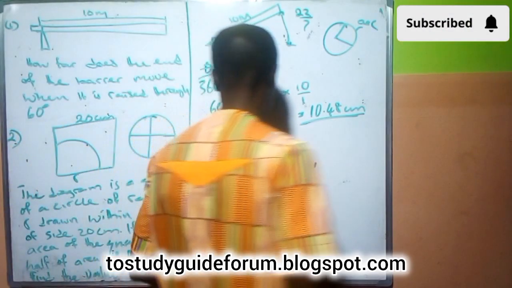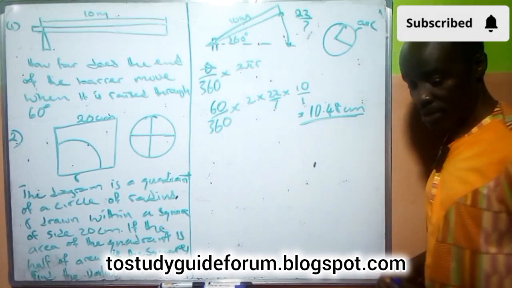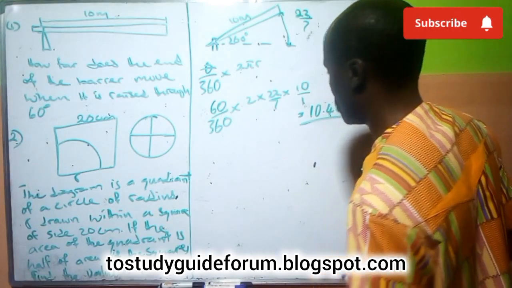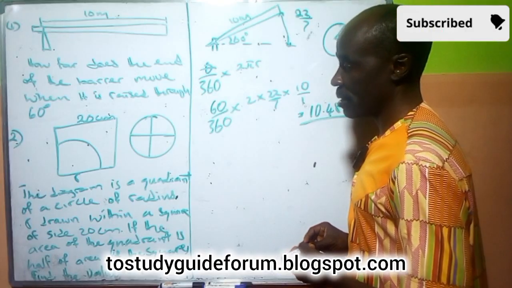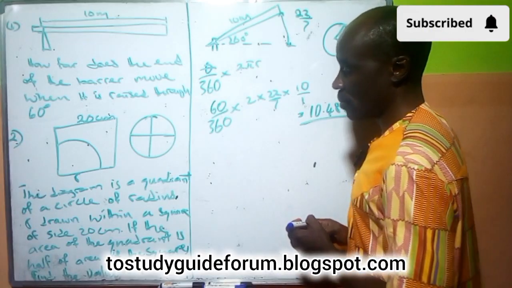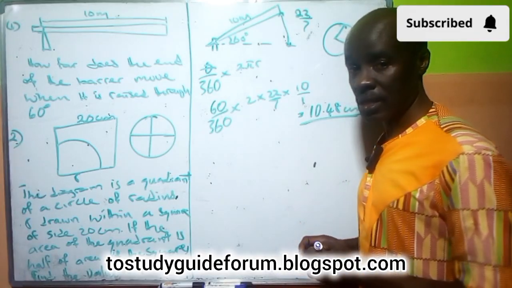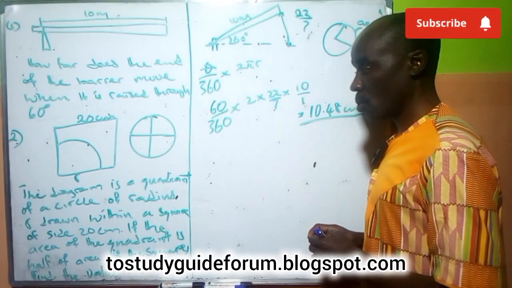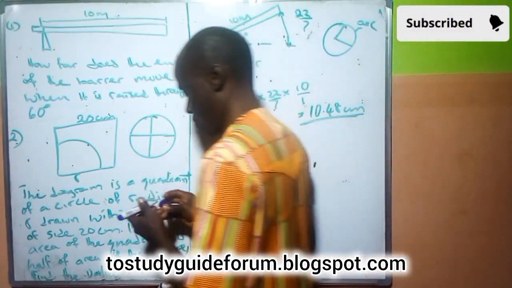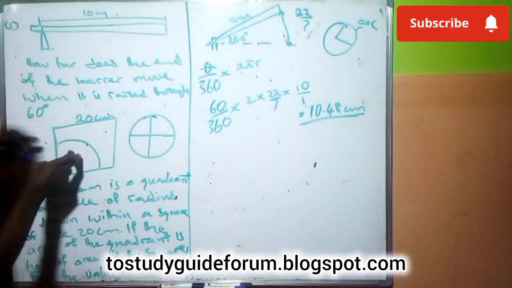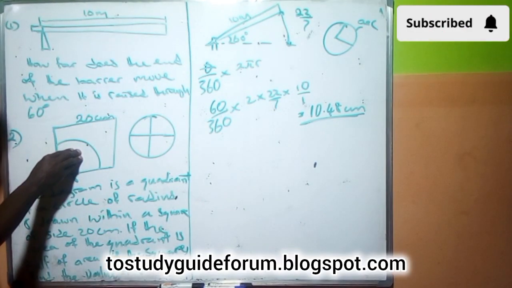So what are we going to do here? Well, we have something like this. The next thing we are going to do, we'll compare them to say that the area of the quadrant is half of the square. When we calculate this, we are calculating the area of a sector.